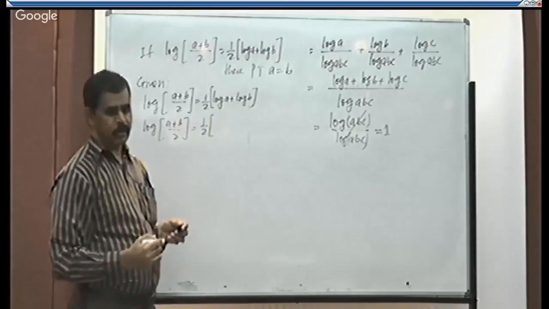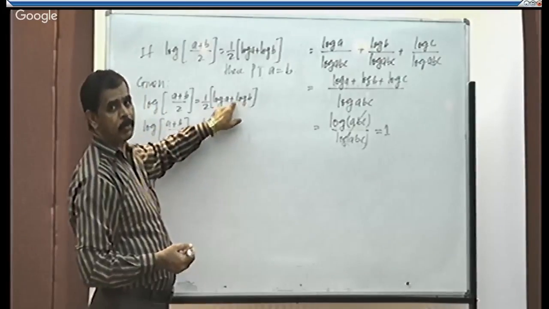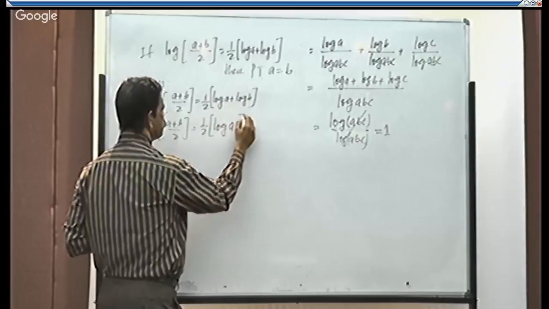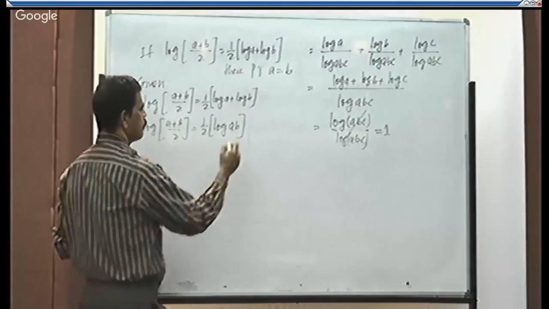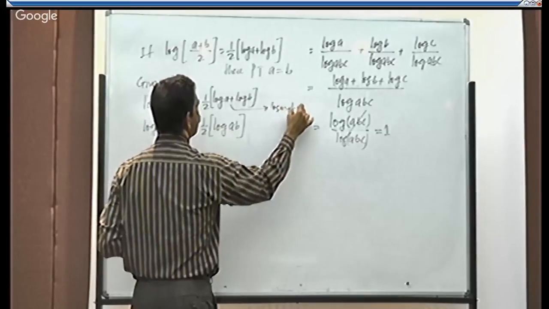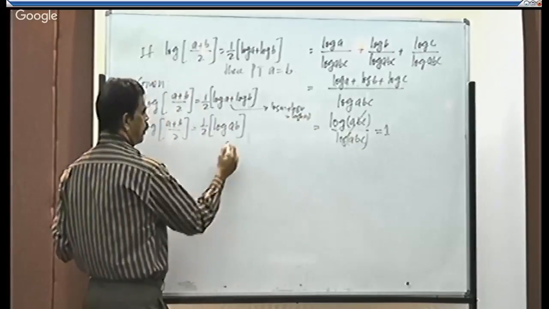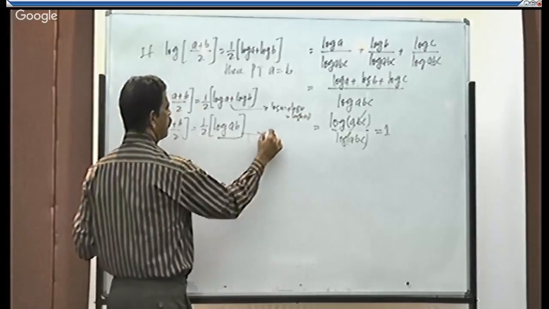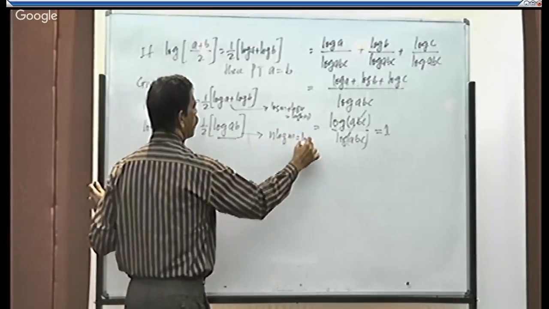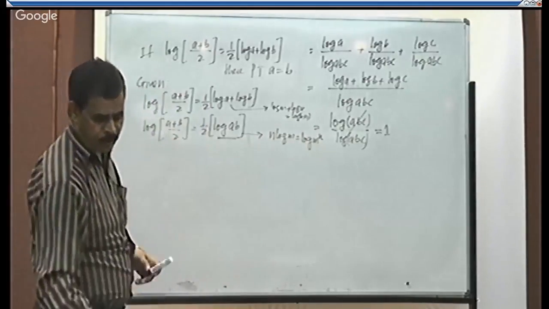Log a plus log b is log ab, since log m plus log n is equal to log mn. This is of the n log m form, which becomes log m raised to n.